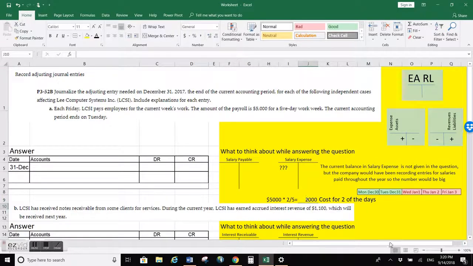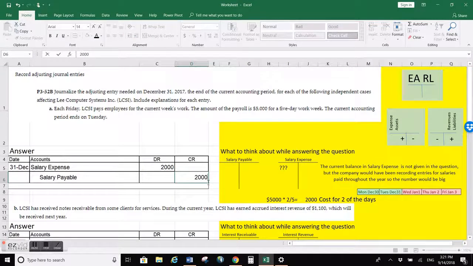The other way to do that is to take the $5,000, divide it by 5 days, and multiply it by 2. You'll get the exact same amount, $2,000. So now let's make our journal entry. We're going to debit salaries expense for $2,000 and credit salaries payable for $2,000.